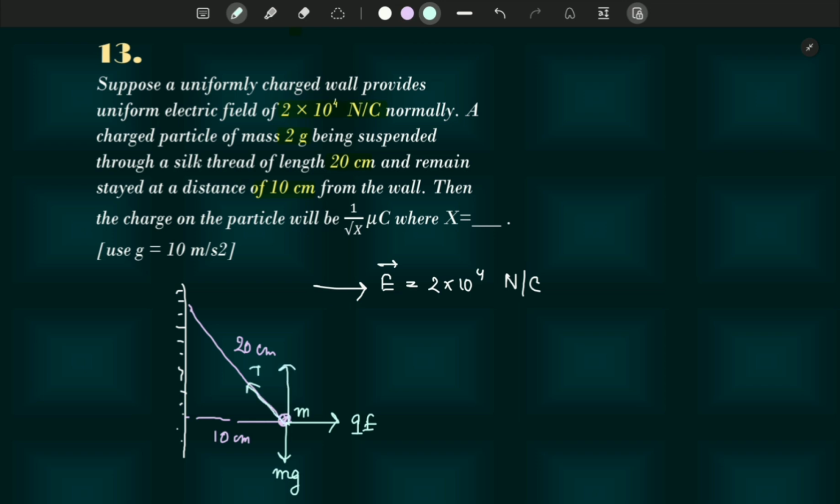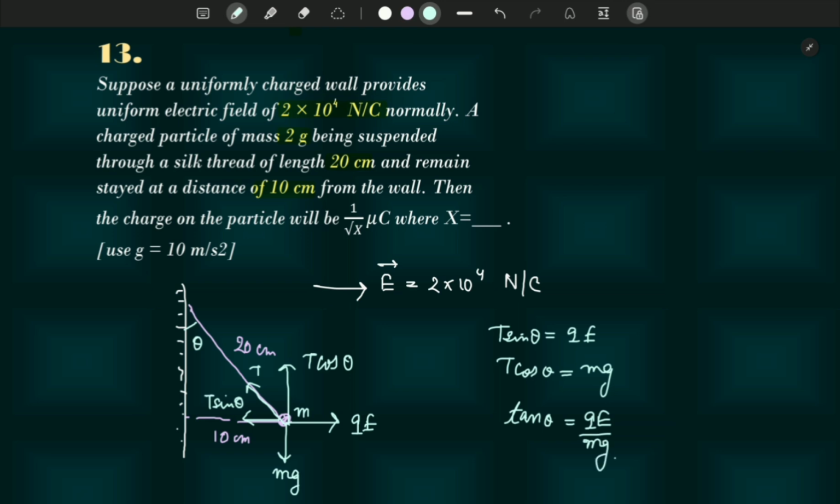Now converting this into its components, T cos theta, where theta is this angle, and here it is T sin theta. Now I can say that T sin theta is QE, T cos theta is mg. So dividing both equations, I will get tan theta equals QE by mg.